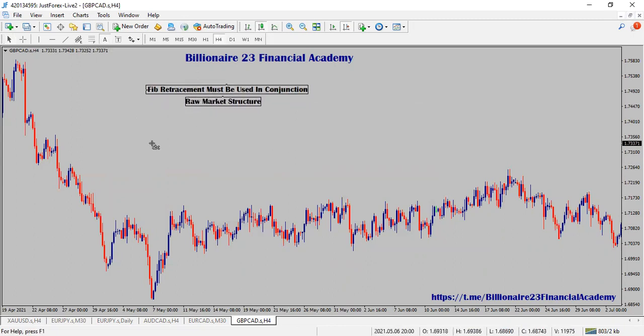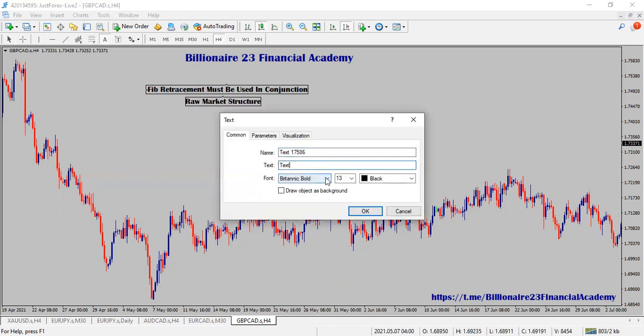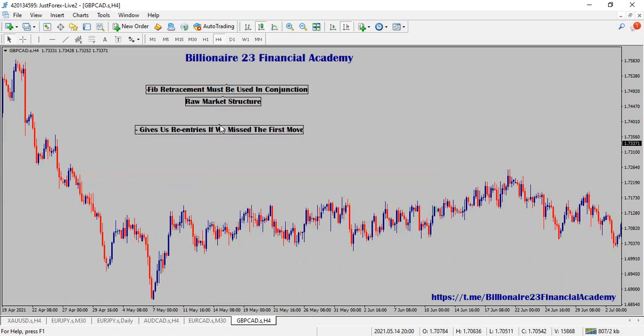As we said in video 1, its function is to give us re-entries. Its function is to give us re-entries when we missed the first move.